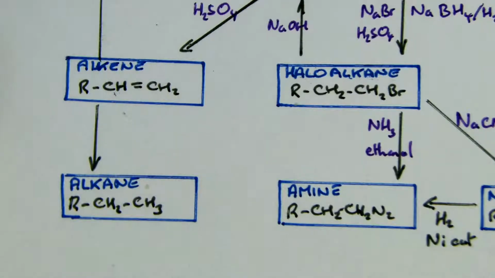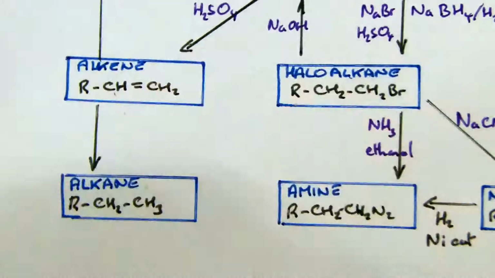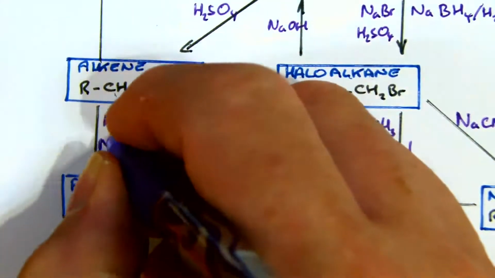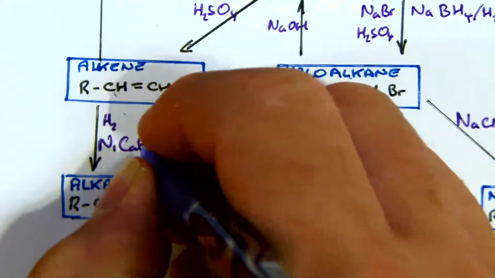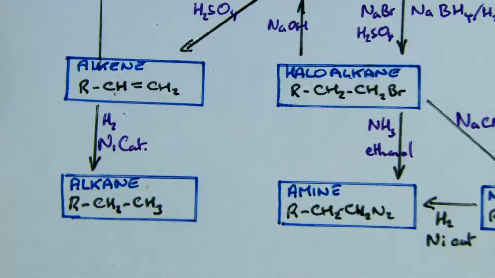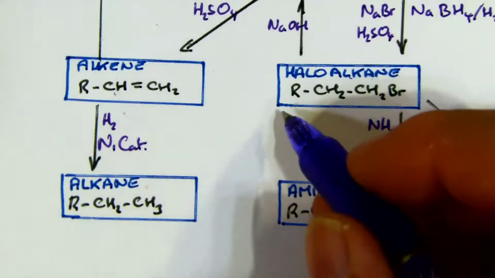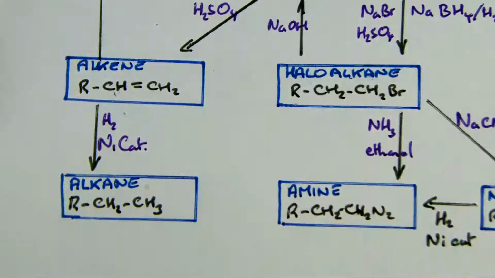And to try and make this into an alkane, I would normally just use something like hydrogen and a nickel catalyst. So we've got that one done. My alkane, I can change into a haloalkane.